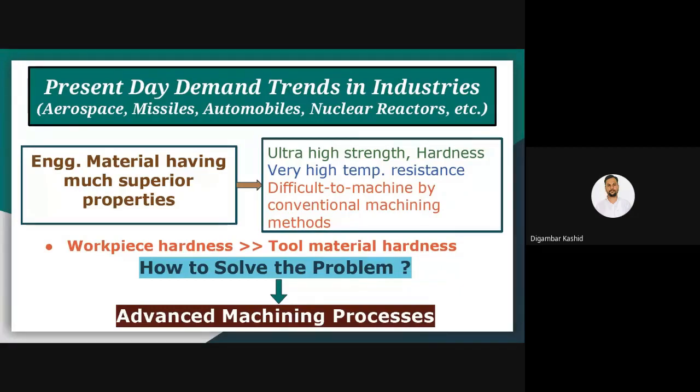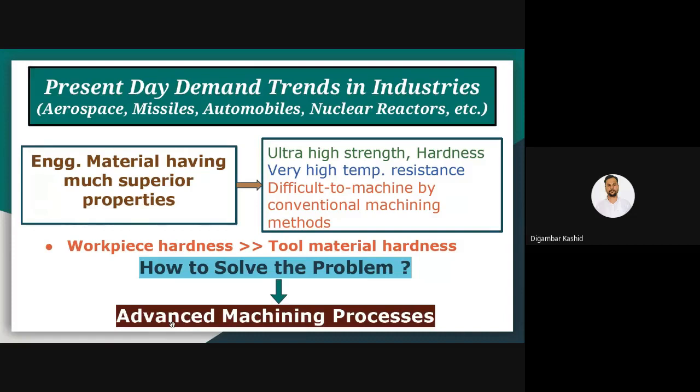They have evolved a new process known as advanced machining process or non-conventional machining process. So this is the second reason why we do need advanced machining processes, or why to learn this subject. This is the second situation where you will get the justification for our question, why do we need advanced machining processes.